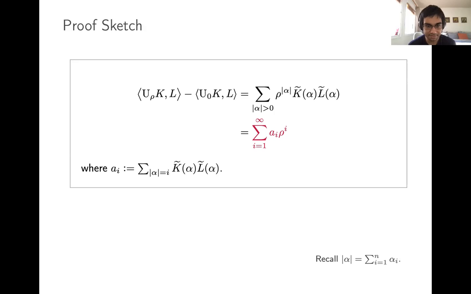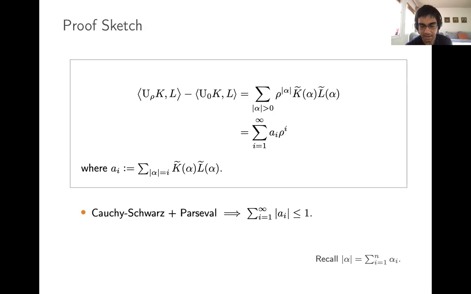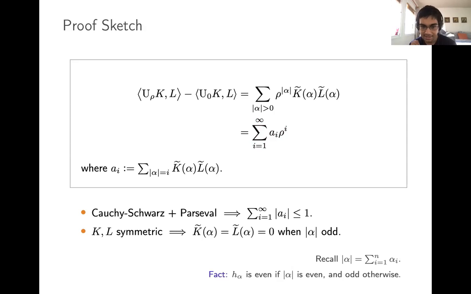In particular, a_i is defined to be the product of the Hermite coefficients of K and L of degree i. And it's easy to see using the Cauchy-Schwarz inequality and Parseval's identity that the sum of the absolute values of these coefficients is at most 1. And because K and L are symmetric, the indicator functions of K and L are even functions.